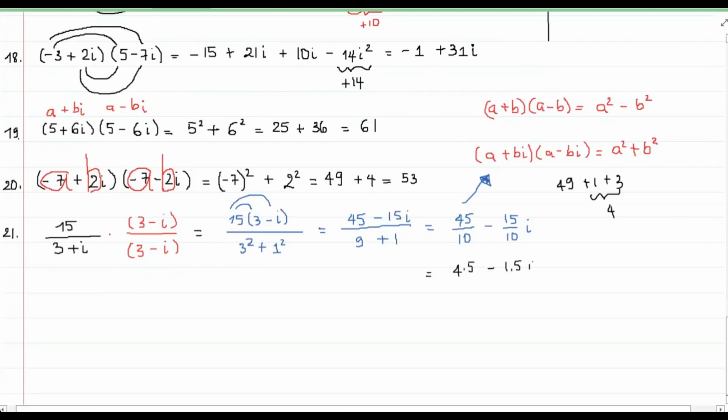But in terms of fractions, we have to simplify the fractions, right? So 45 and 10, you can divide by 5 and get 9 over 2. Minus 15 over 10 is 3 over 2, reducing top and bottom by 5.